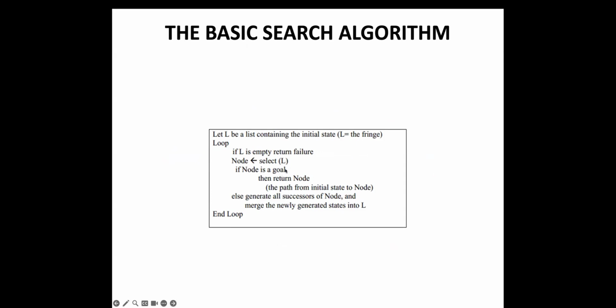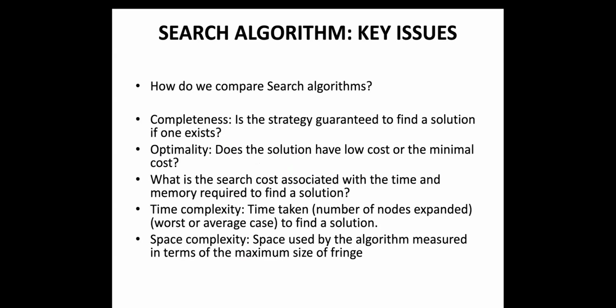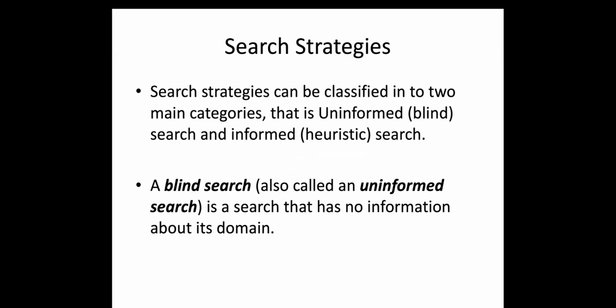If it is a goal, return that node and the path from the initial state to the node. Else, generate all the successors of that node and add them to the list. That is the loop. Don't worry about this algorithm, let's look at an example to make sense of it. But before we do that, I'll come back to this at the end.